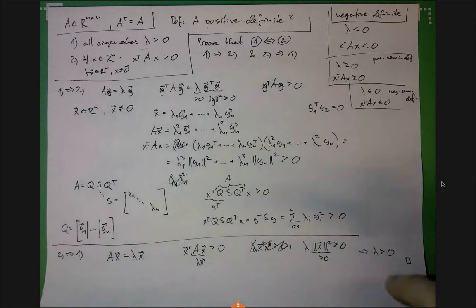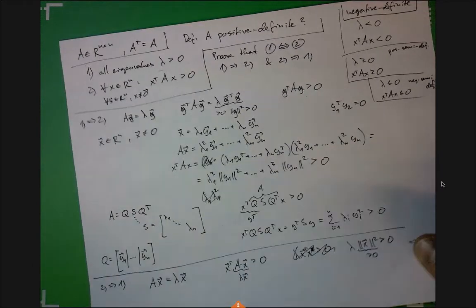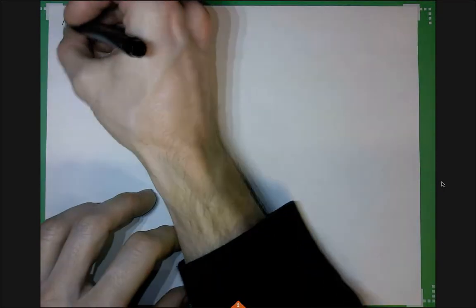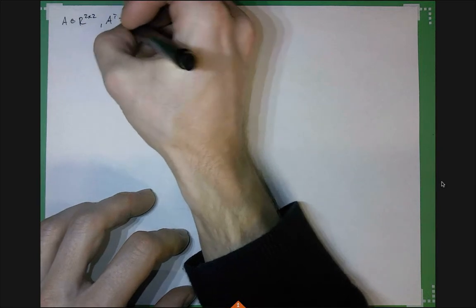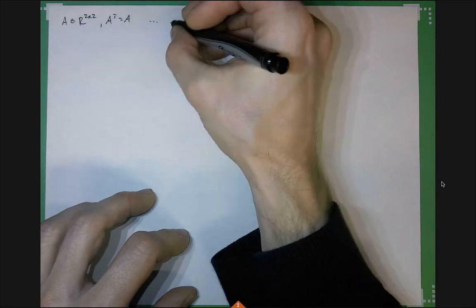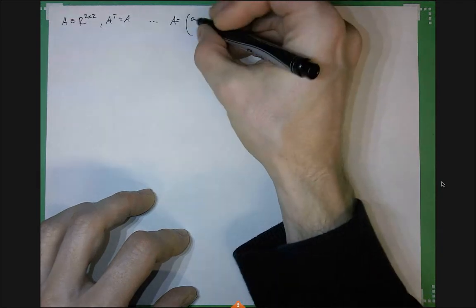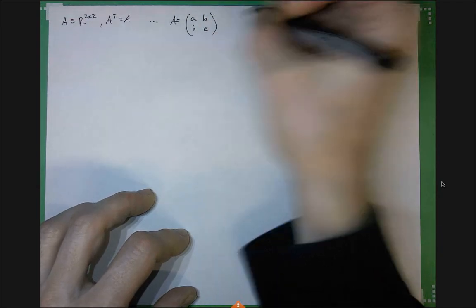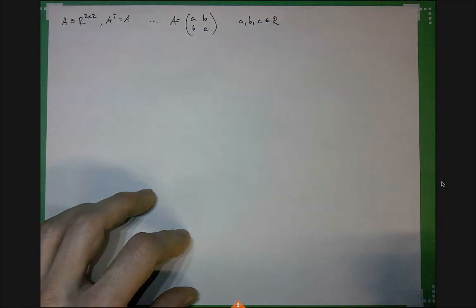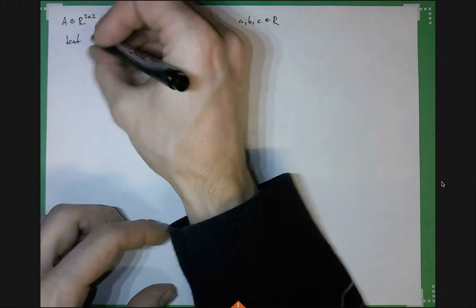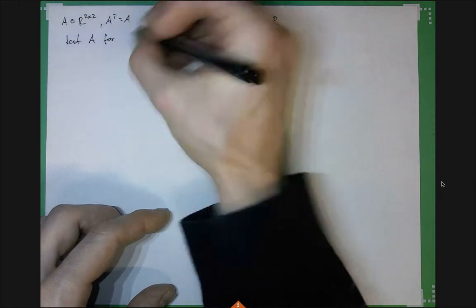And here is an interesting problem. Let's just look at the 2x2 matrix. Let's consider a 2x2 symmetric A. That means that A is just [a, b; b, c], right? For a, b, c some real numbers. So how can I test A for positive definiteness?